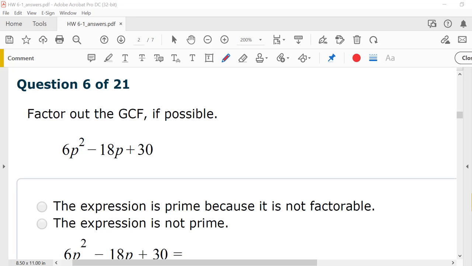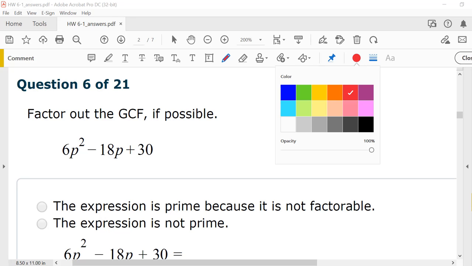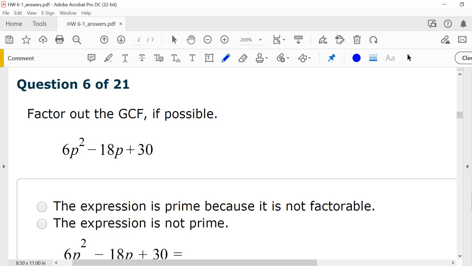Number 6, factor out the GCF. Okay, what is the GCF between 6p squared, 18p, and 30? Okay, p squared, p, nothing. So you can't pull a variable out.